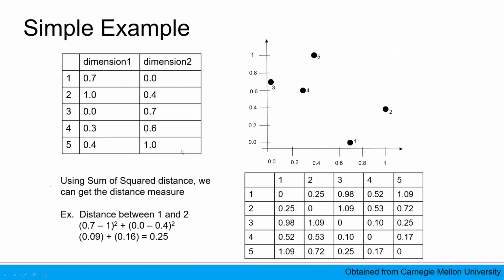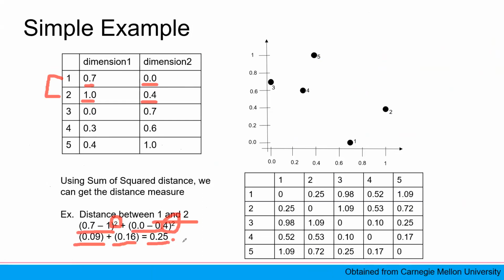Now let's check the distance between 1 and 2. 0.7 minus 1.0, to the power of 2, plus 0.0 minus 0.4, to the power of 2. We get 0.09 plus 0.16, and the result is 0.25.